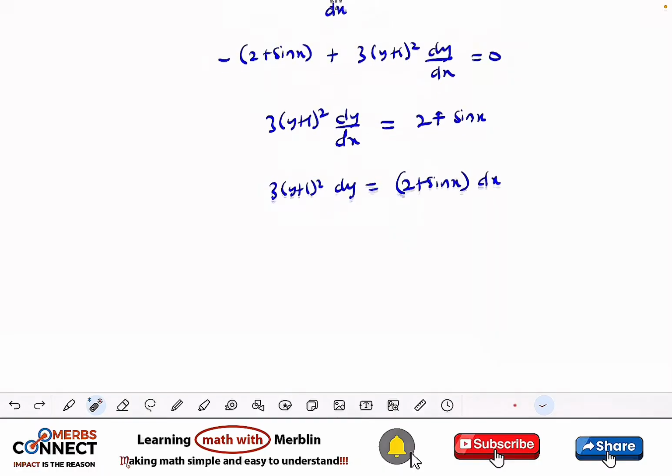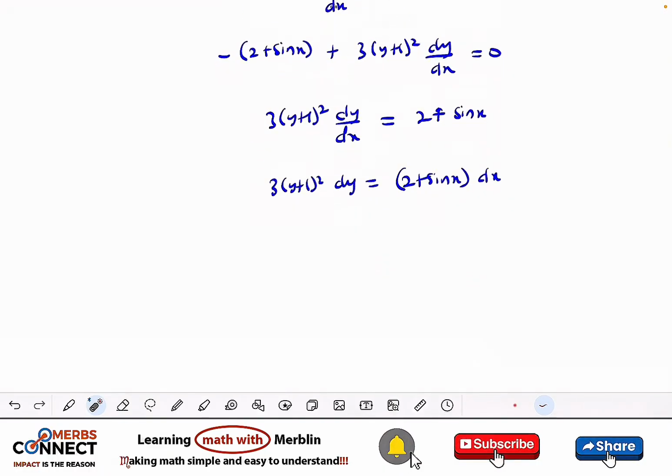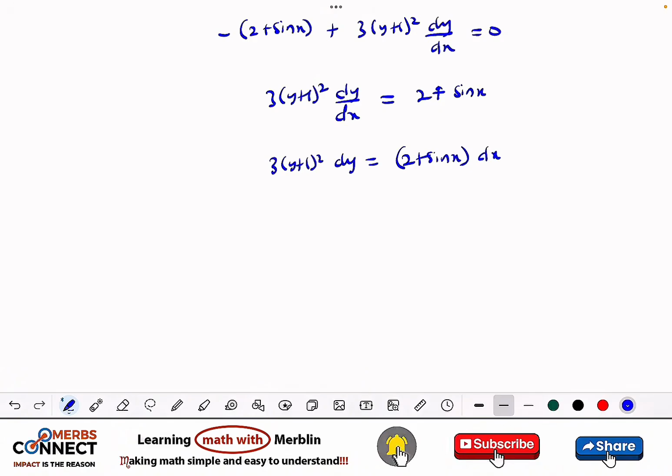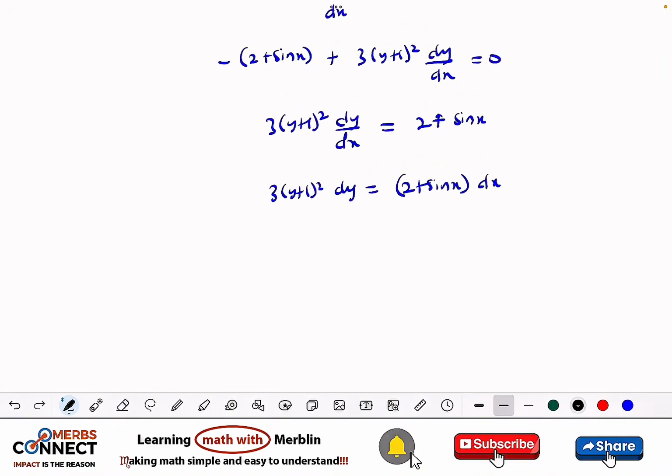When you're able to do this, you just integrate both sides, and then you're done. So I integrate (3y plus 1) squared dy is equal to, I integrate 2 plus sine x dx.